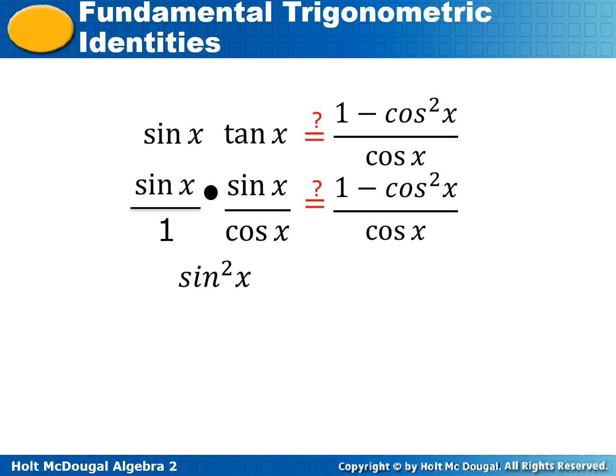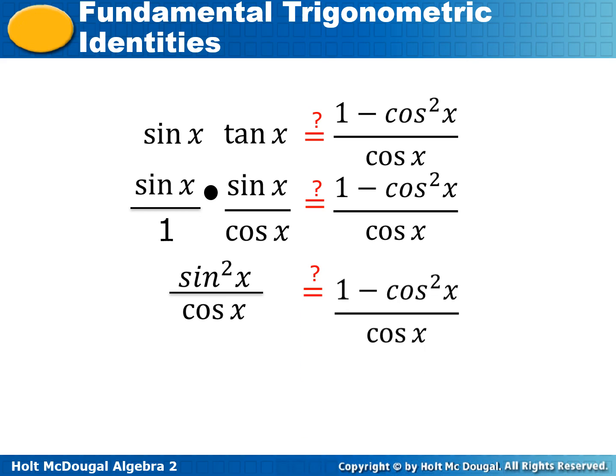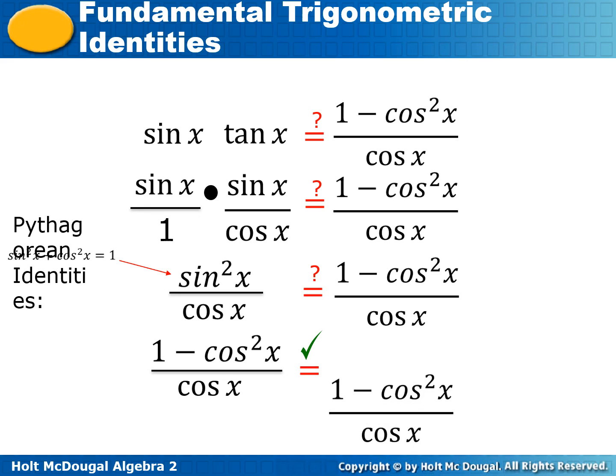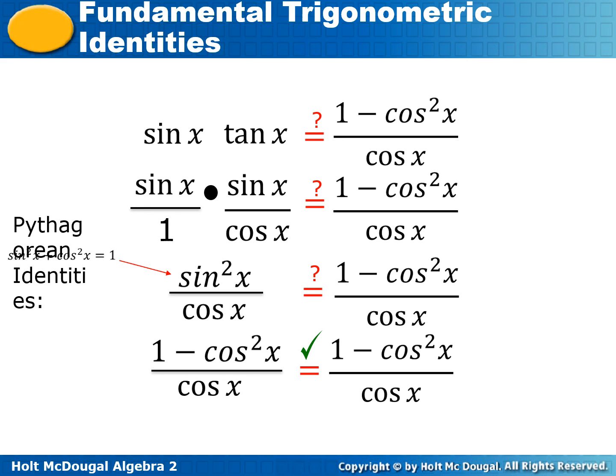So sine x times sine x is equal to sine squared x. 1 times cosine x is cosine x. Is it really equal to the right-hand side of the equation? From our Pythagorean identities, sine squared x is equal to 1 minus cosine squared x. So therefore, it is really equal to 1 minus cosine squared x over cosine x. So that is our example number 5 and our last example.